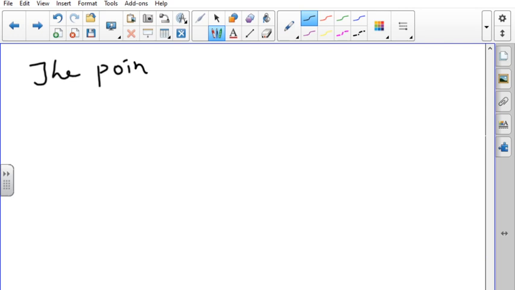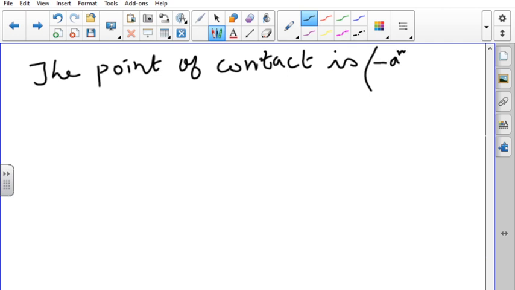So the point of contact is minus a square m by c, comma b square by c.